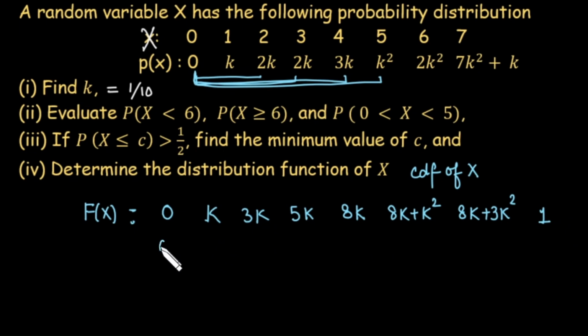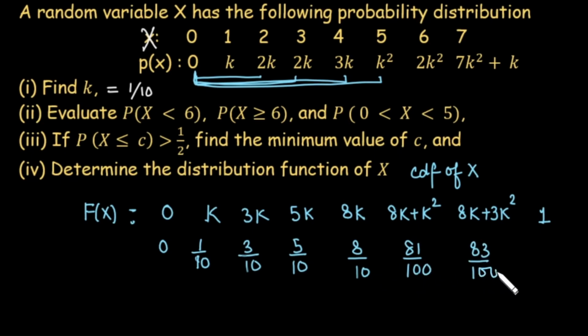Then we will get 0, 1 by 10, 3 by 10, 5 by 10, 8 by 10, 81 by 100, 83 by 100 and last is 1. So this is the distribution function corresponding to the random variable x, where x takes the value from 0 to 7. Now we can easily answer the third part.